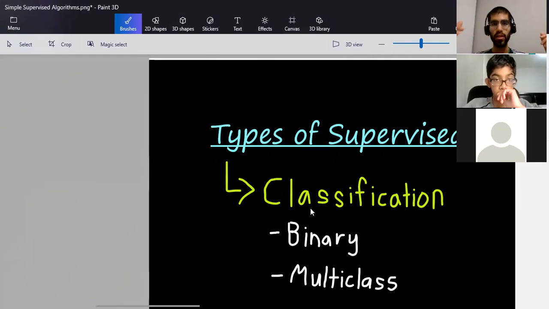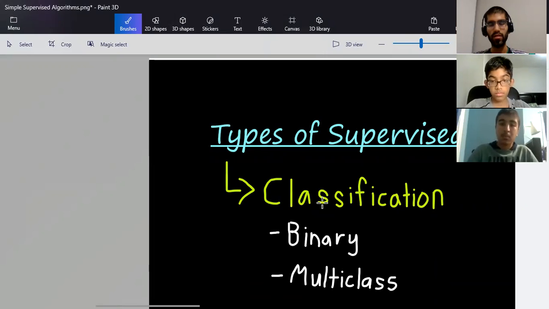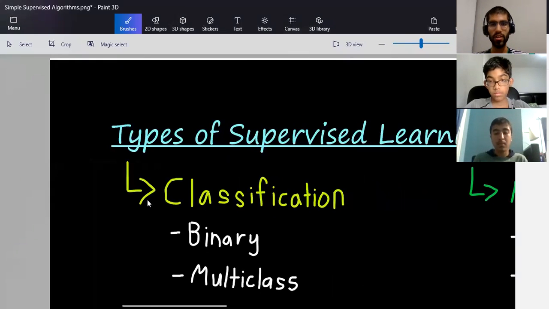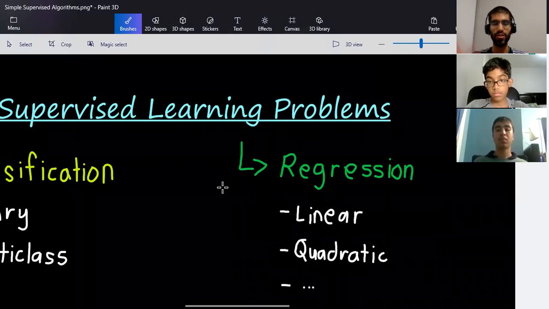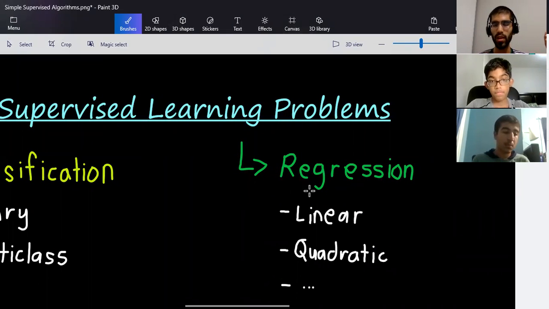So classification problems involve, in fancy language, what is called categorical data. You want to pick one of a few possibilities. In math, you can also call this discrete data. It's not continuous.